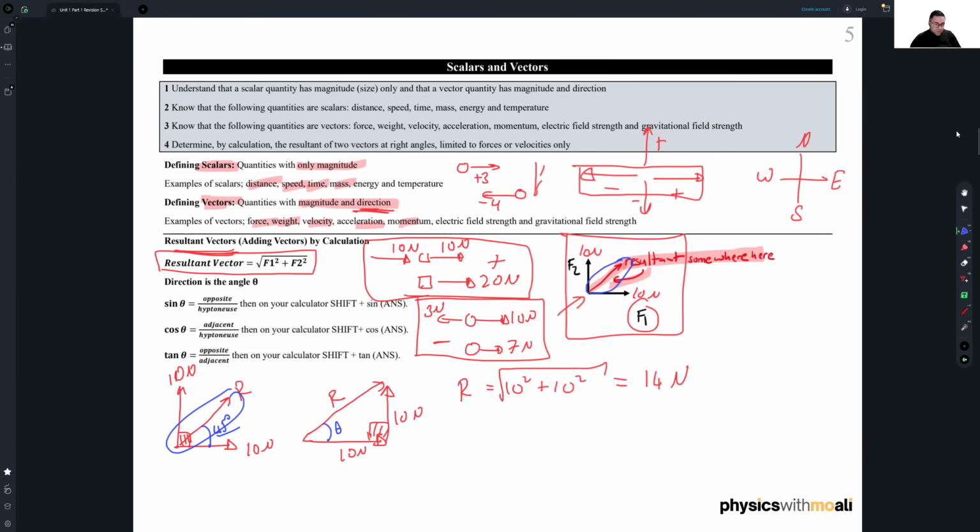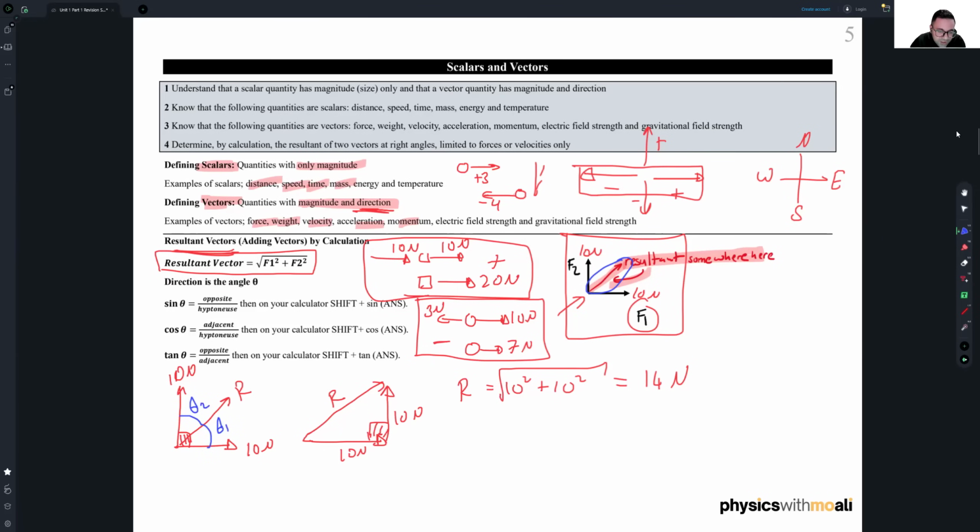Well, first, you need to understand that there are two possible angles that you could get. You could either get this angle, let's call this theta 1, or you can get this angle, theta 2. Which one do I get? It depends on the question.